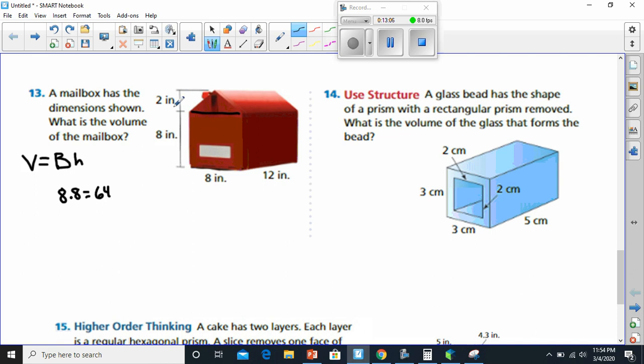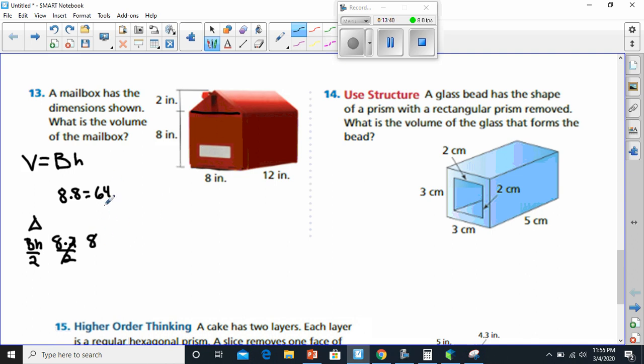And then the triangle is going to be 8 by 2 divided by 2. Remember, the triangle formula is base times height divided by 2. So the base is going to be 8, height would be 2, we divide by 2. Really, that's just canceling each other out. So the area of that triangle is 8.